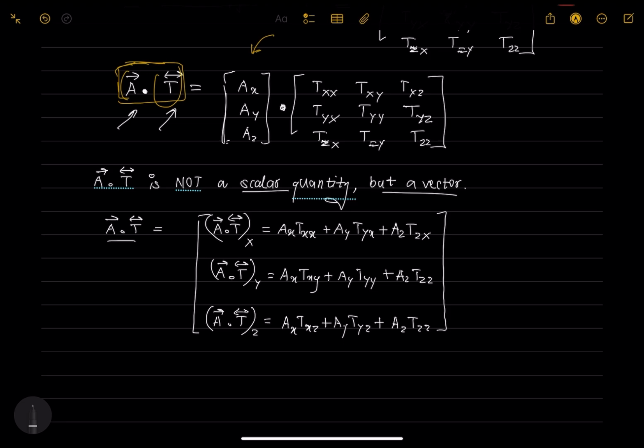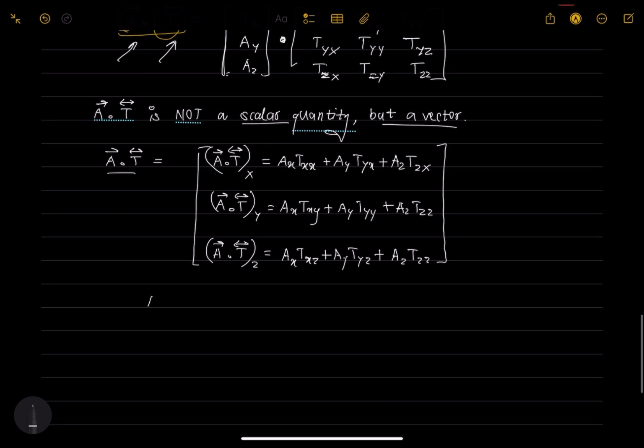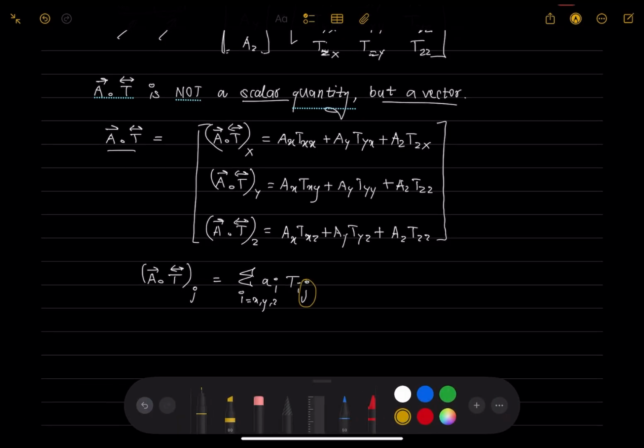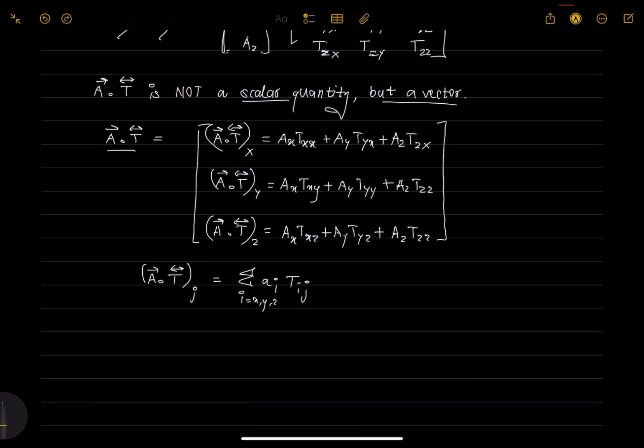All right. So if we write this more precisely, the jth component of this dot product is going to be given by the sum of ai times tij, where i goes from x and then y and then z. J remains fixed for a particular component.